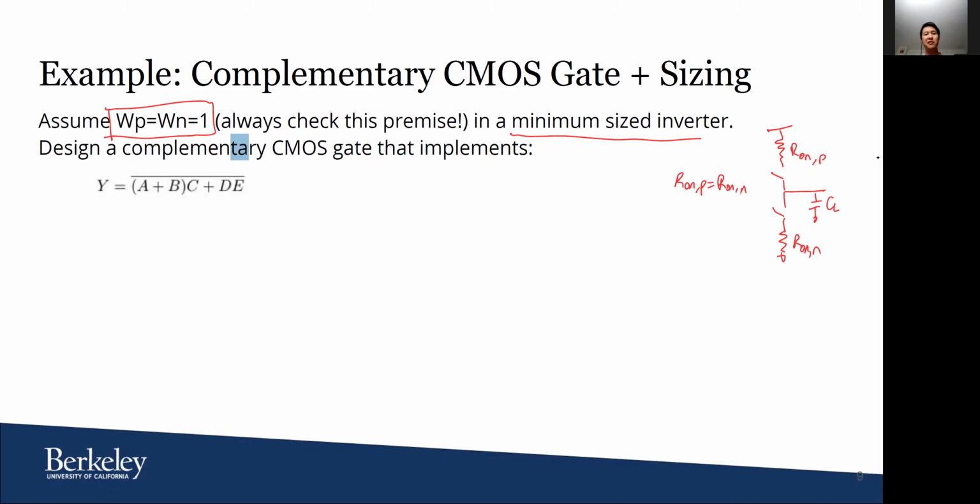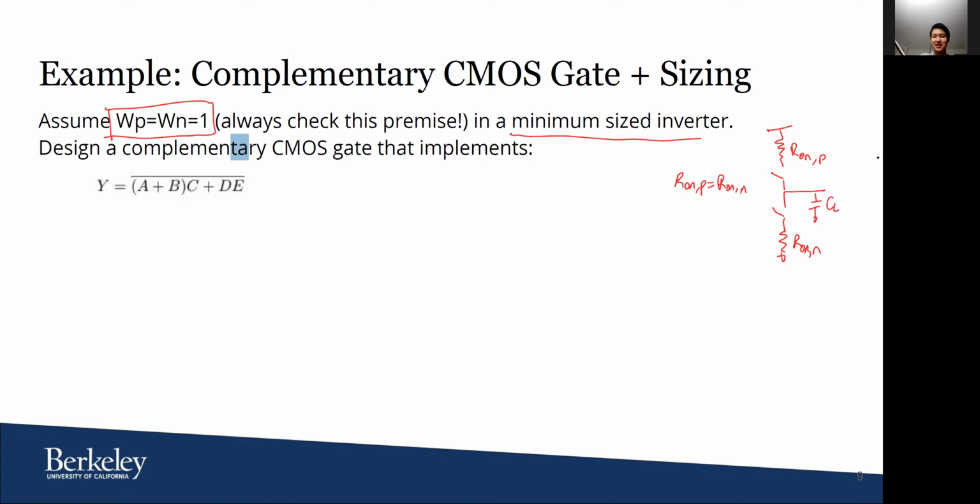However, what if the PMOS width is 2 and NMOS width is 1 in a minimum size inverter? What would that tell you? Yeah, the resistor is bigger for the PMOS because the size is bigger. That's right. The resistance would be twice as large for the PMOS in that case. So the current will be small. Right. Yeah, that's right.